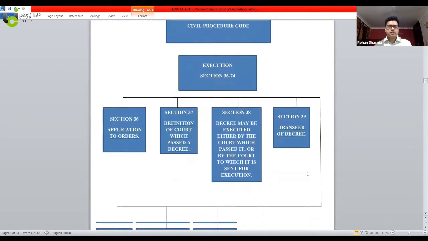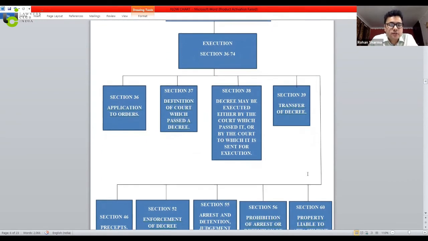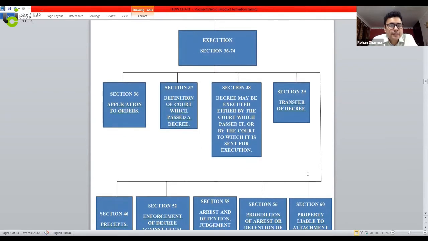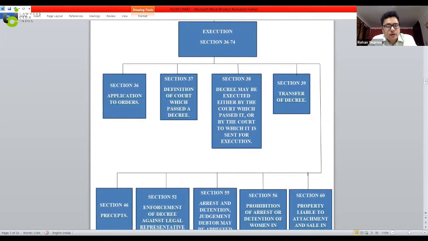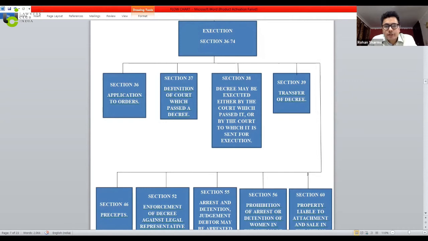Now, this specific lot of sections talks about the execution of the decrees that you have just obtained by the previous lot of sections. Execution is, of course, a way to get your decree implemented.